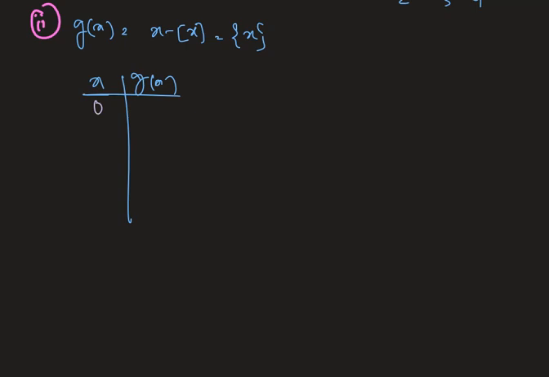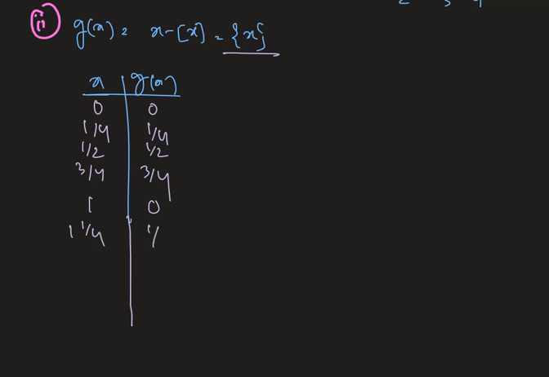Suppose x equals 0, then g of x is also 0. X equals 1 by 4, then it must be 1 by 4. X equals half, then it must be half. X equals 3 by 4, then it must be 3 by 4, as these are the fractional portion of x. If x equals 1, then it must be 0. If x equals 1 and a 1/4, then we get only 1/4. If x equals 1 and a half, we get only half, and so on.